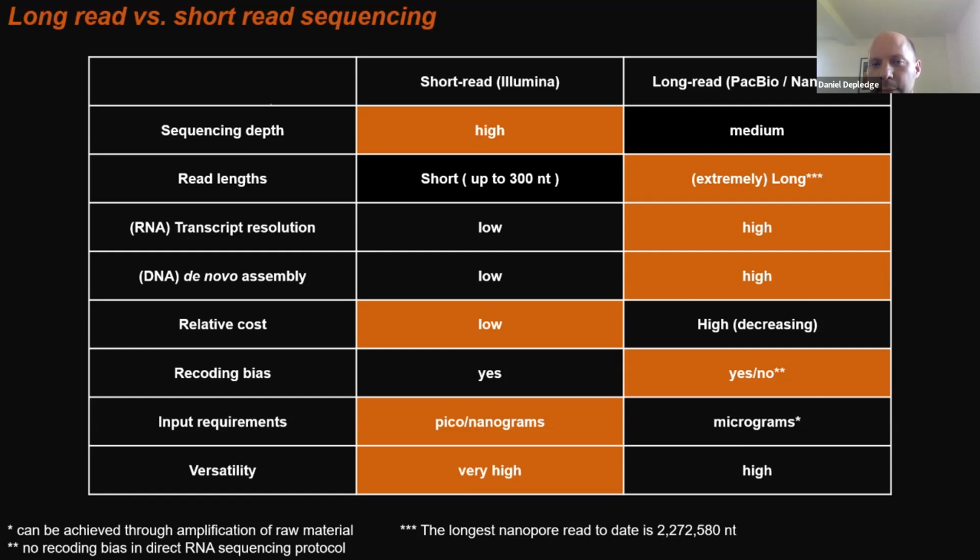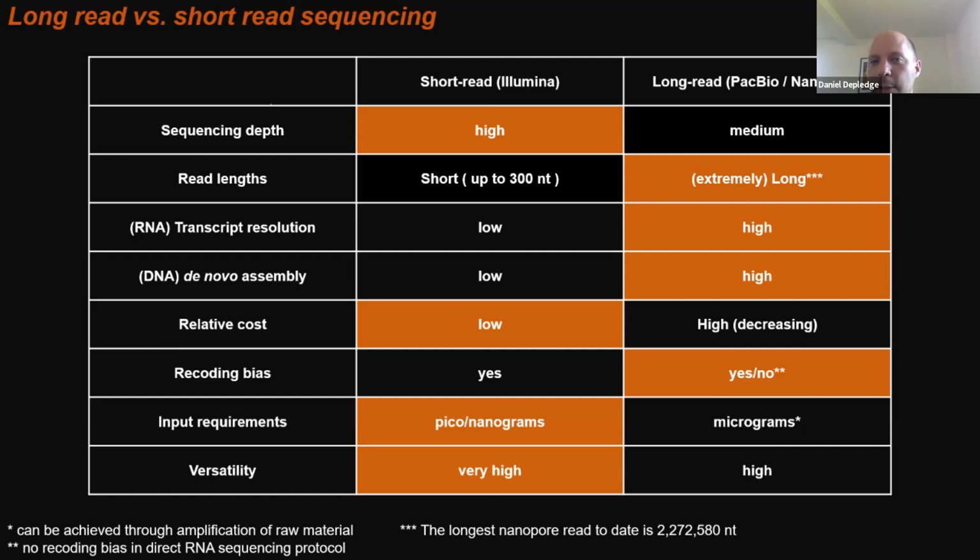Recoding bias. With short read data, you always need to recode RNA into cDNA for your analysis. But with Nanopore in particular, they now have protocols that allow you to natively sequence RNA from a sample, which is of course incredibly powerful. In terms of input requirements, short read sequencing technologies generally don't need very much.